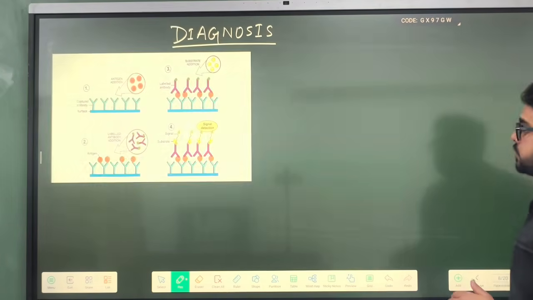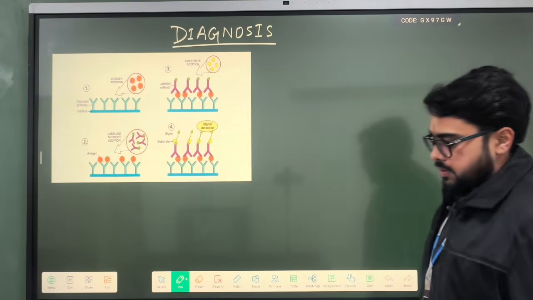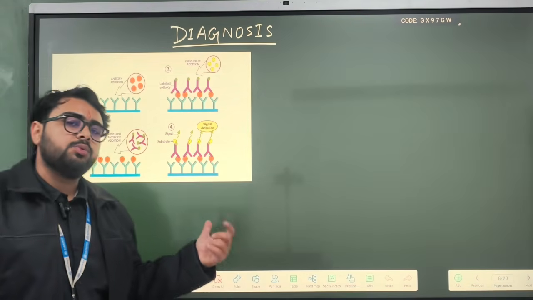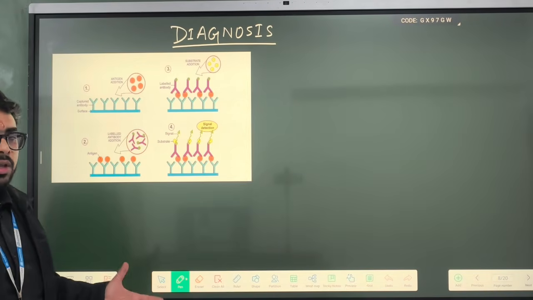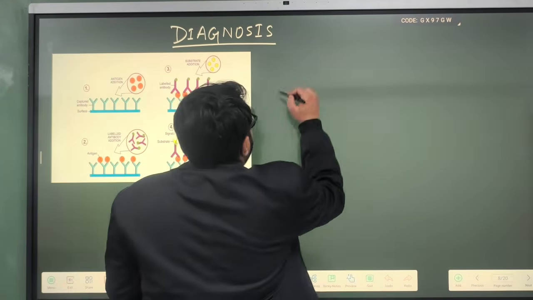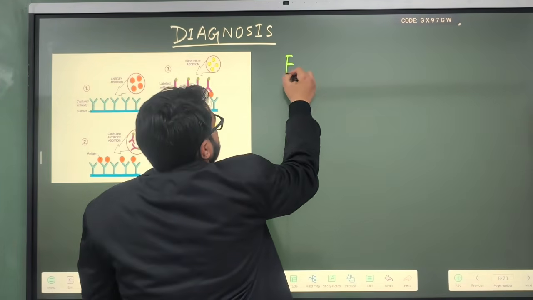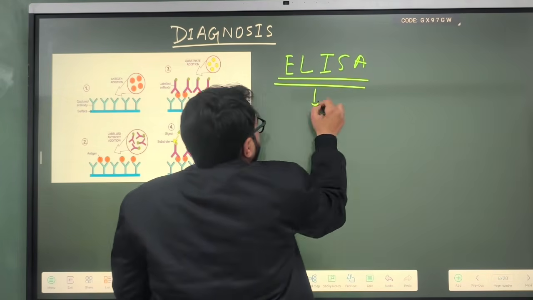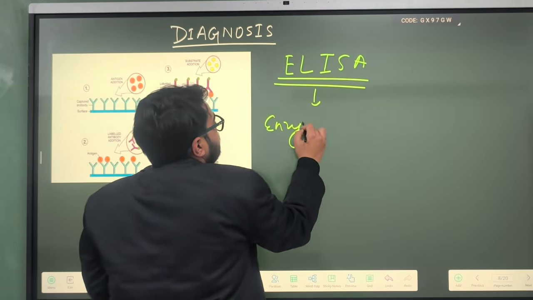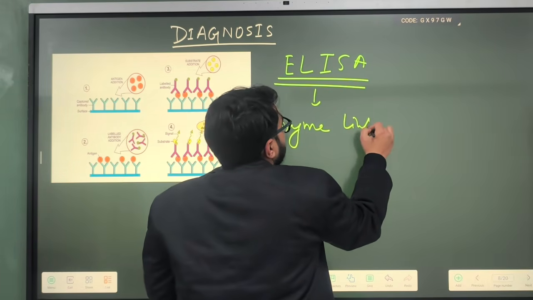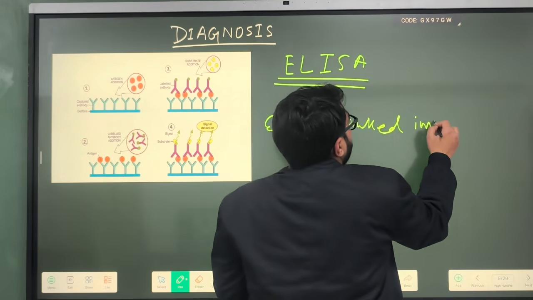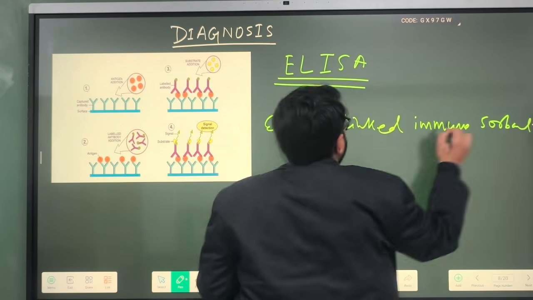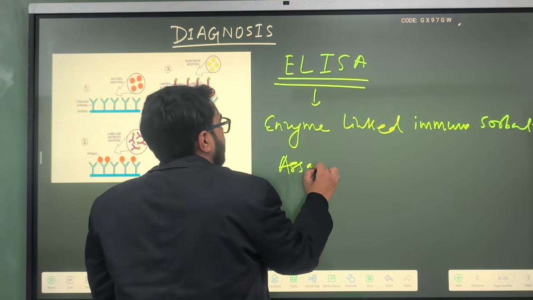Now coming to the diagnosis. That patient who was admitted in the hospital, how was he diagnosed? He was diagnosed with a very important method known as ELISA. The full form of ELISA is enzyme linked immunosorbent assay.